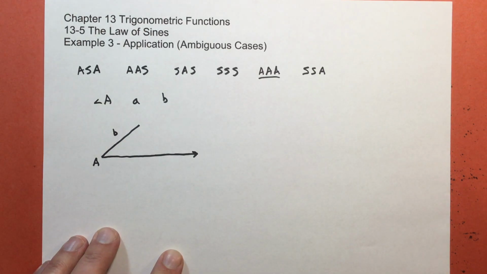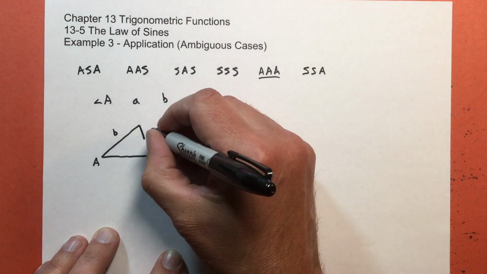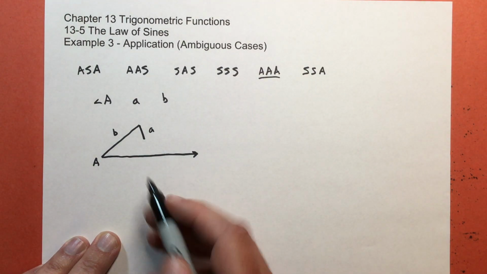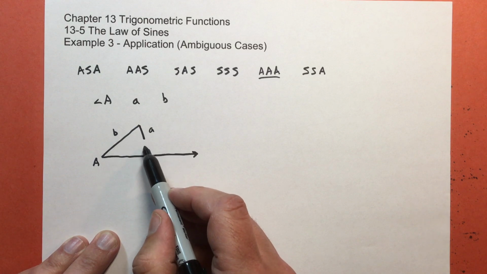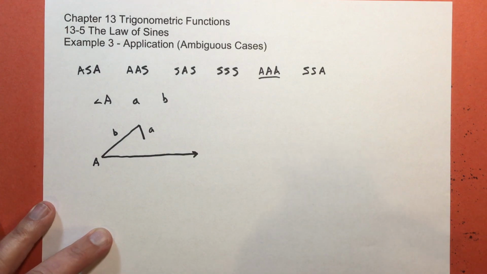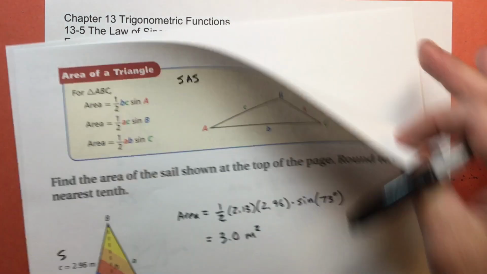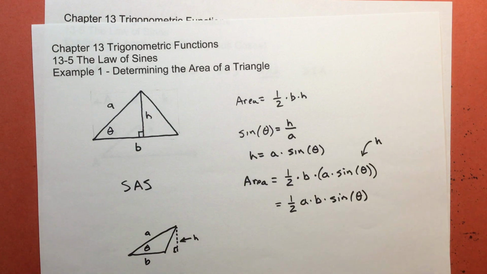Now, check this out. What happens if the other side here, A, is too short? And it doesn't reach. It's like you try to stretch it, but it doesn't reach this other side. That means that I get no triangle, okay? But what do I mean by it's too short? Shorter than what? Well, now I have to introduce, going way back to the first thing I talked about, the height of the triangle, right?